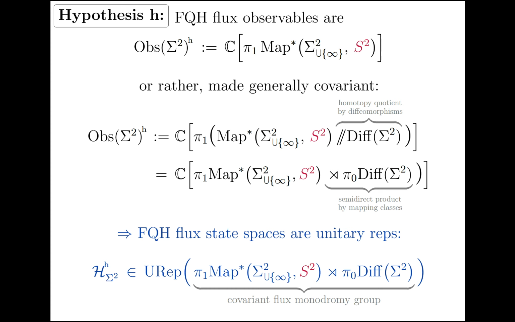So the statement now is that the exotic flux-quantized solitonic fluxes here have spaces of states over a given surface that are unitary representations, irreps in the superselection sectors, of this covariantized flux monodromy group. That is shown on the bottom here. So that's our theory that we're going to be investigating now. You see, it's a purely algebraic topological formula now.